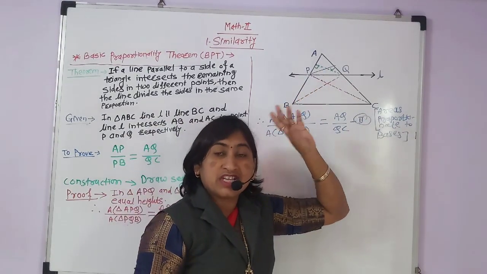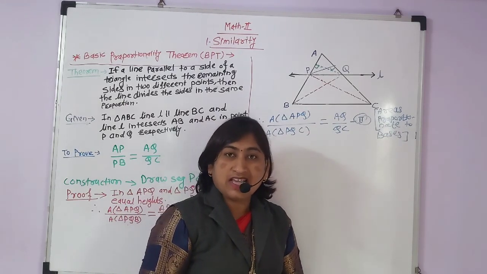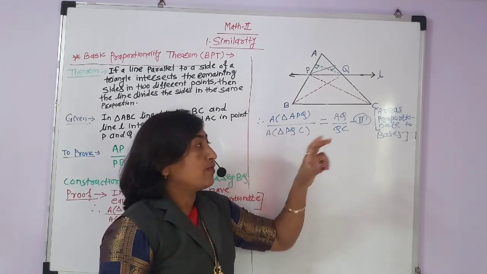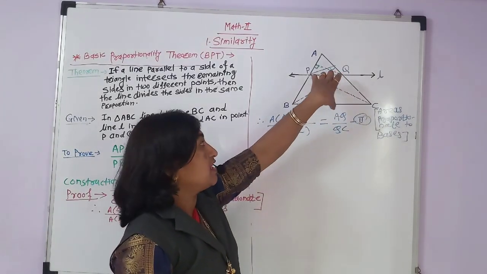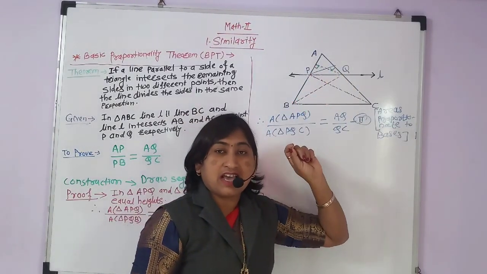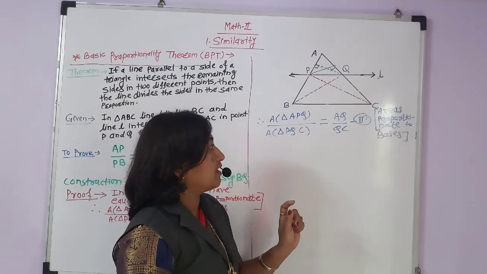We studied in the previous standard the property of parallel lines: if we draw two triangles between two parallel lines, the two triangles have equal heights. We use this property here.